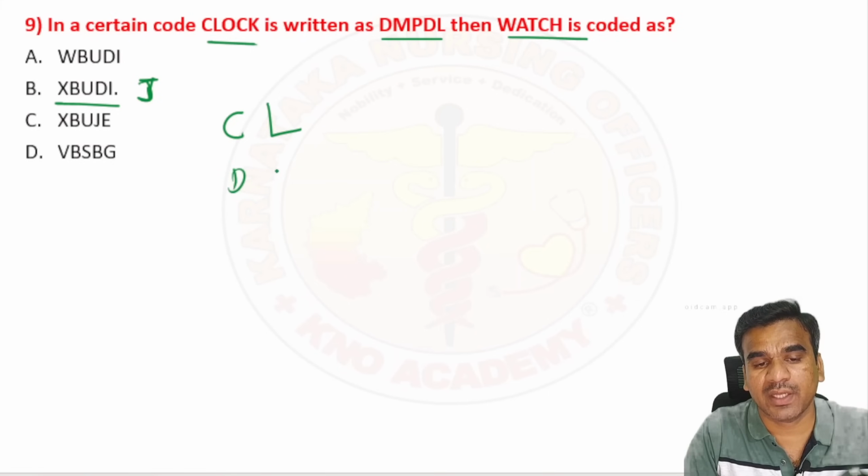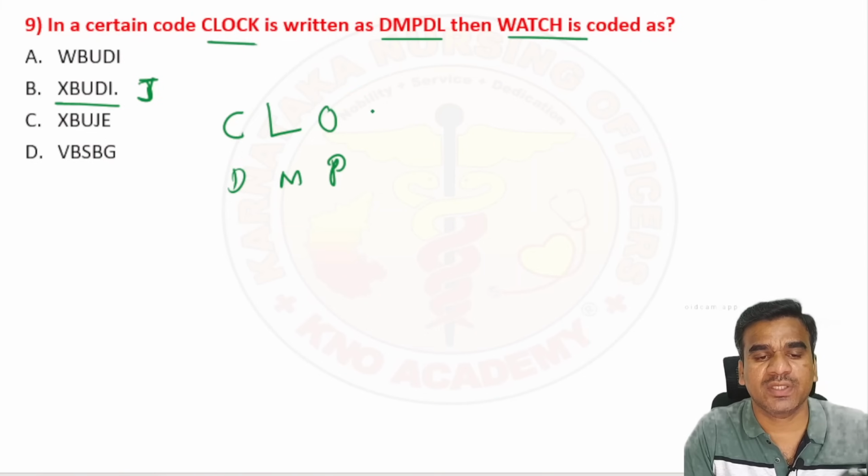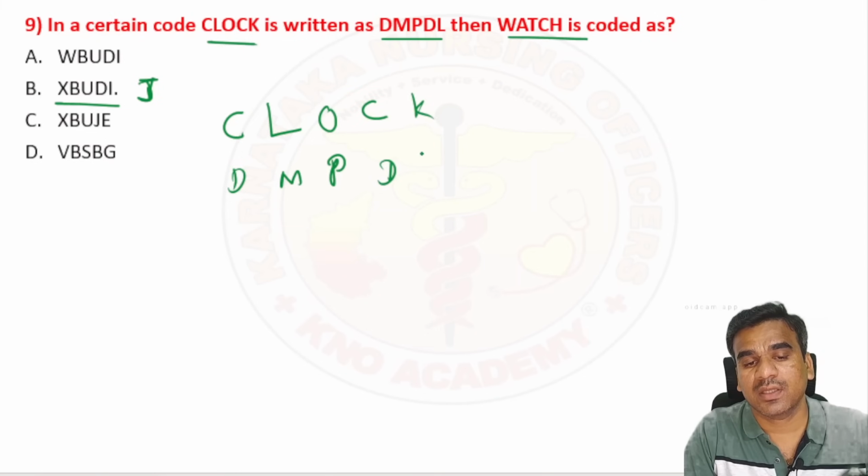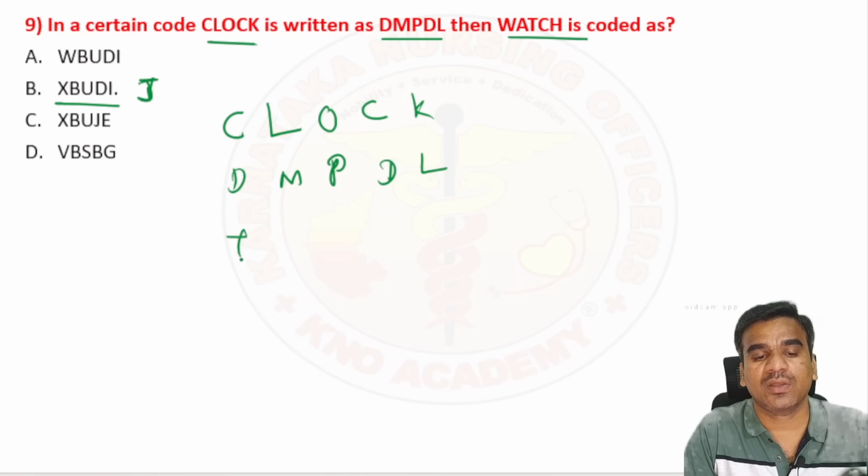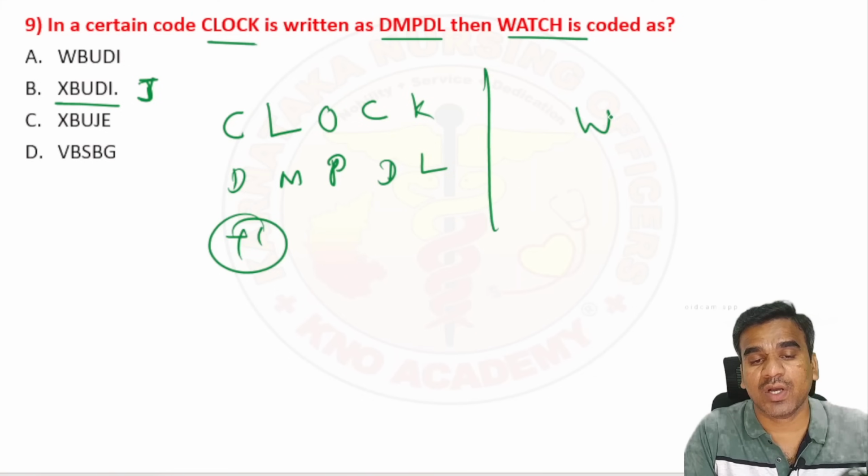After L, M has come. After O, P has come. After just one letter, the difference is there. After C, again D. After K, L. So plus one letter is added here. Same thing for watch.